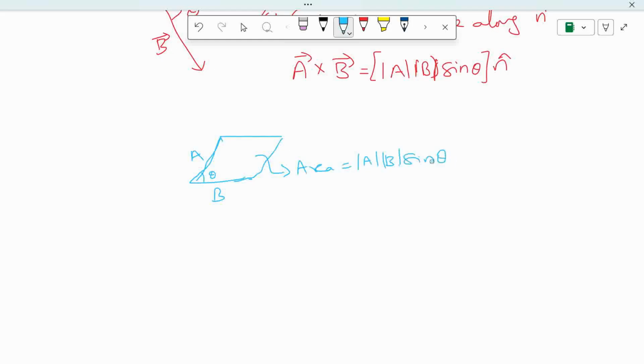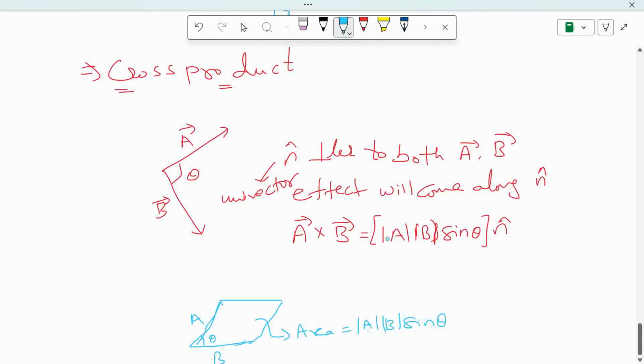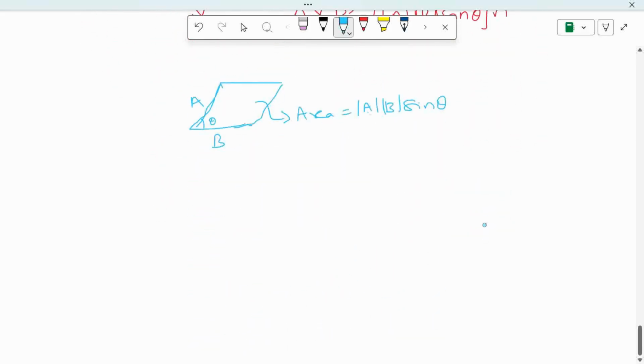For a rectangle, theta is 90. Rectangle is also a parallelogram with angle theta 90. There you get magnitude of A multiplied with magnitude of B. So this is when we know the magnitudes and the angle between them.